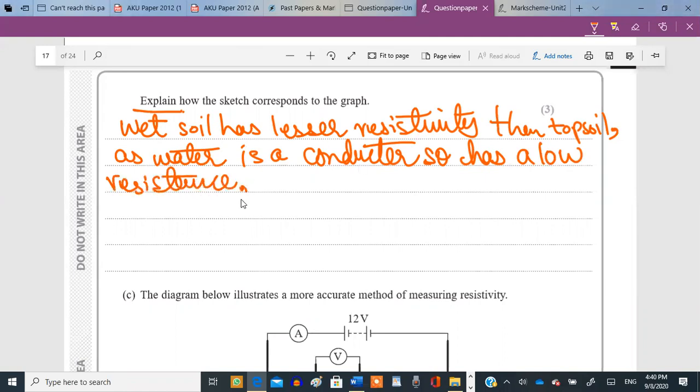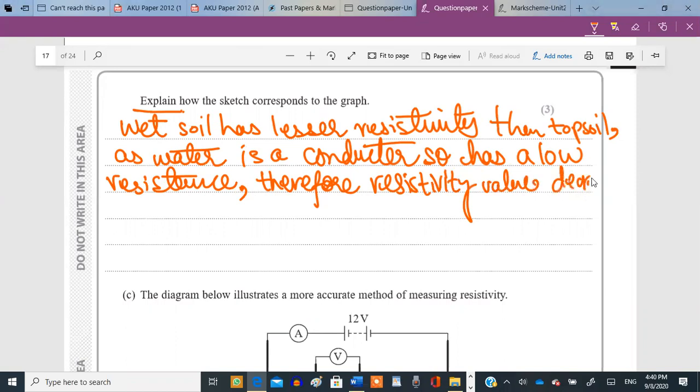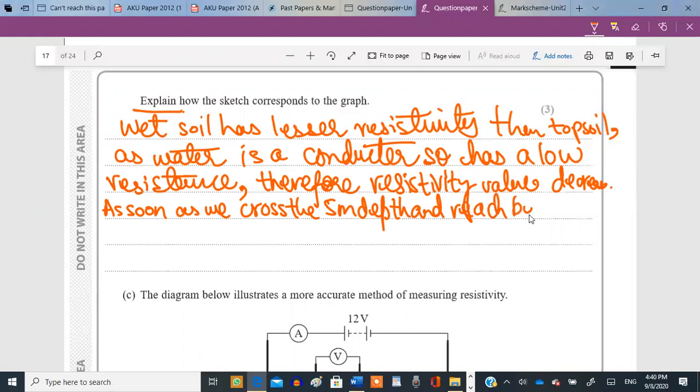Therefore the graph falls; the resistivity value decreases on the graph. But as soon as we cross the 5-meter depth and reach the bedrock, resistivity increases sharply.